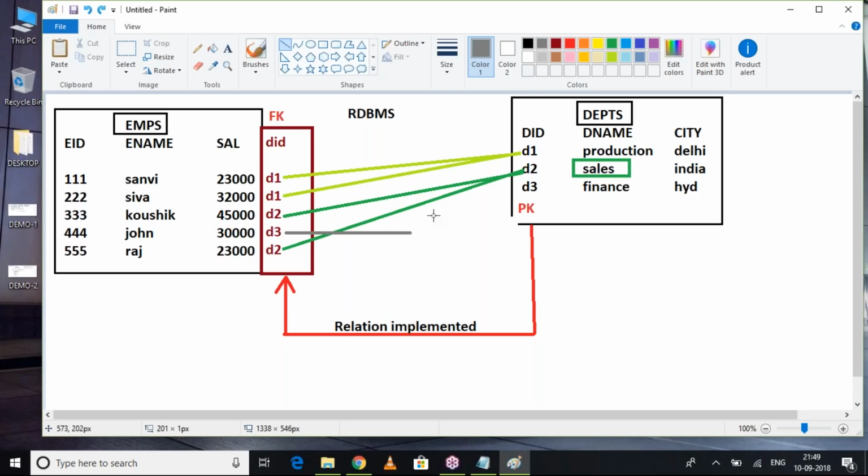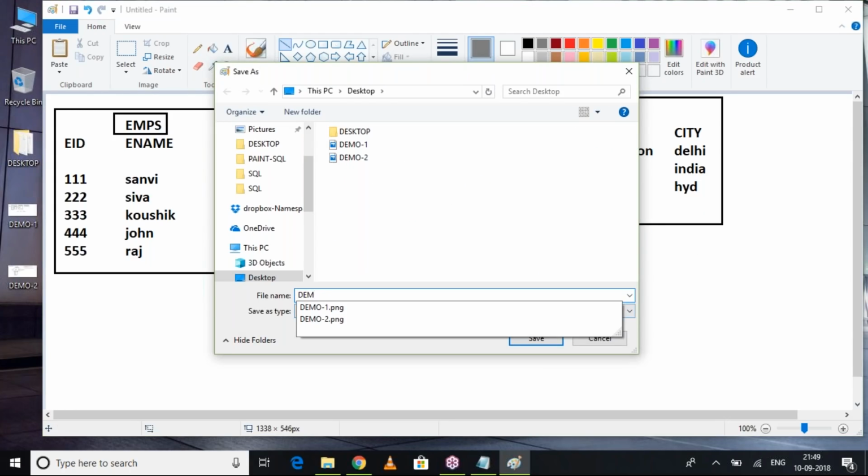Remember this part. So compulsorily within the business, we should maintain information with relation. How to implement? Okay, this is about our relational database management system.